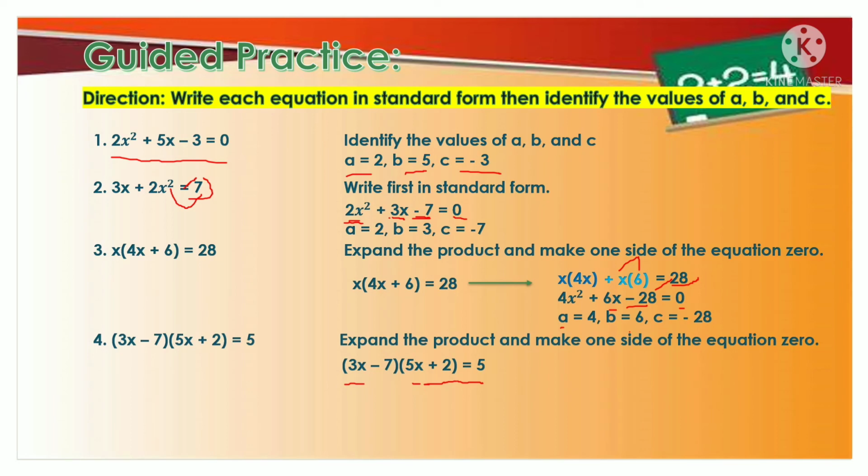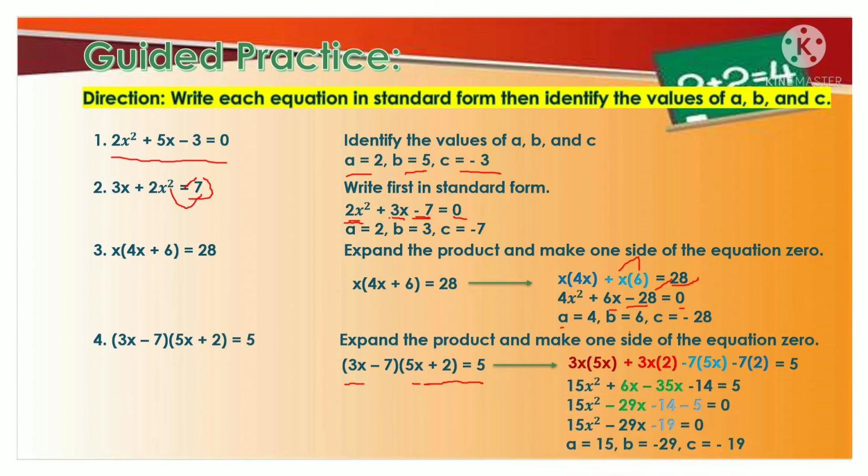Let us expand the product. So we have 3x times 5x, then 3x times positive 2, and negative 7 times positive 5x, and negative 7 times positive 2, and then copy equals 5.